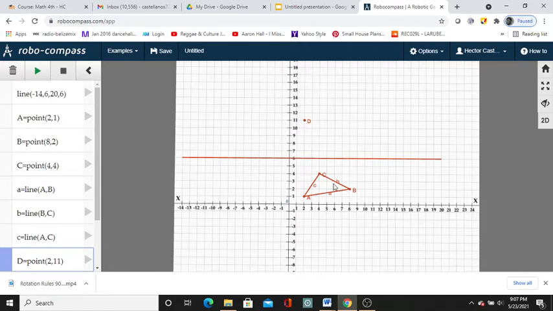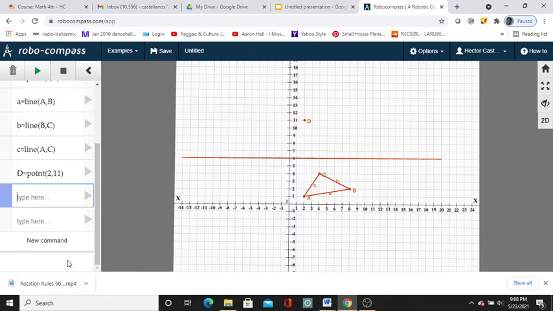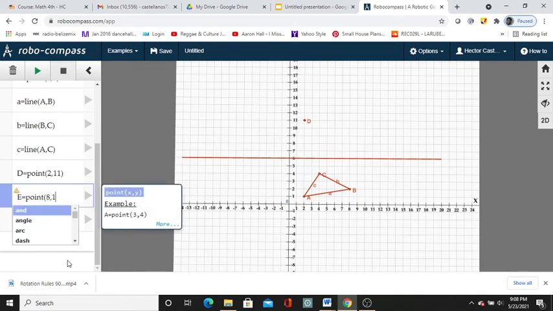Then E will be for B, which is 4 units away from the line of reflection: 1, 2, 3, 4. So that will be 8 and 10 for point E. So let me put that here: E is equal to the point 8 and 10.